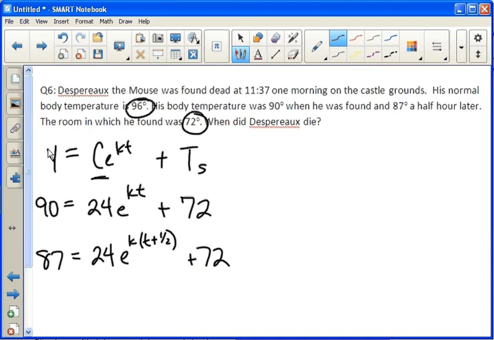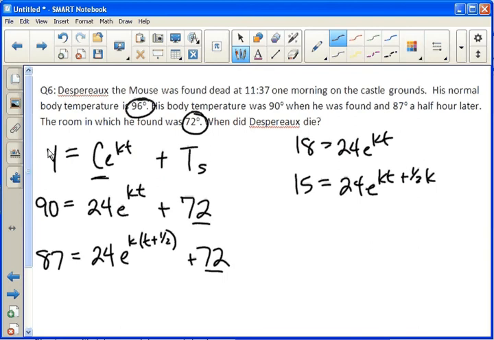So we need to divide these two equations, but before we do, we have to subtract the 72's over to the other side. So this is going to turn into 18 equals 24 e to the kt, and 15 equals 24 e to the kt plus 1/2 k.